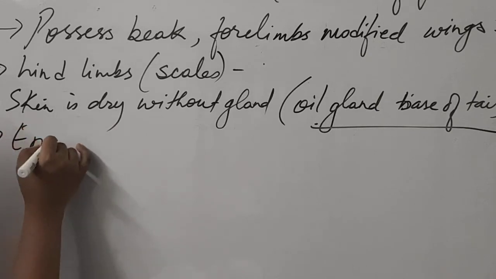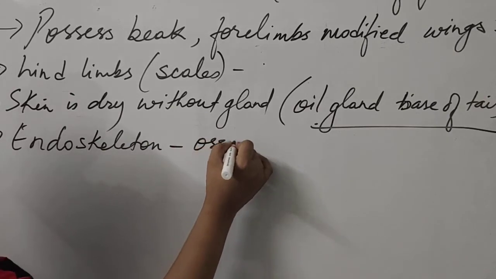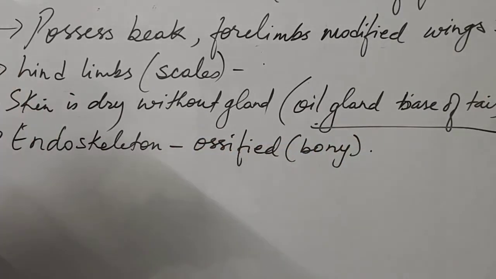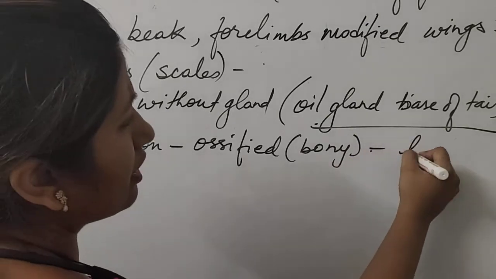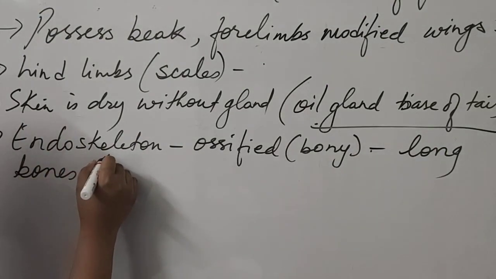And the endoskeleton, that is the skeleton which is present inside the body, is completely ossified, means bony. Okay, bony. And another feature of their bones is that their long bones are hollow.